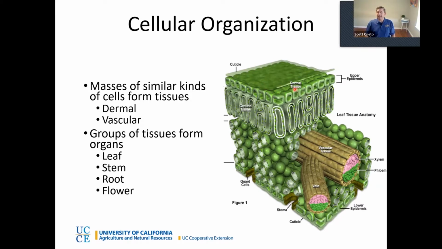Sometimes you may have heard of this as the epidermis, but basically these cells are all of the same type, and their main function, of course, is to provide protection to the leaf. So again, to not allow bacteria, viruses, any sort of bad things into the leaf. And so, we have the dermal tissue.